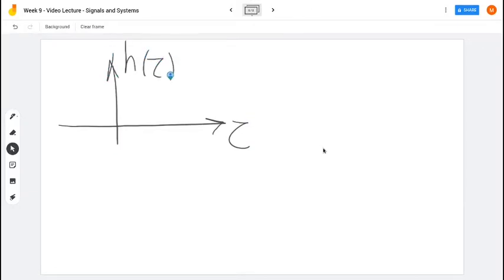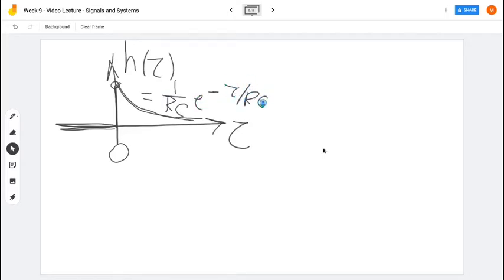It's simply a decaying exponential function starting at instant 0 because it's multiplied by u of t. And the equation of h of tau is 1 over RC e to the negative tau over RC u of tau.